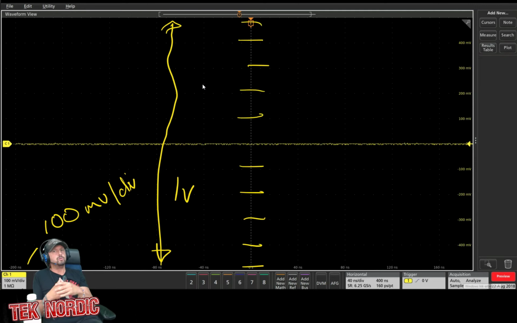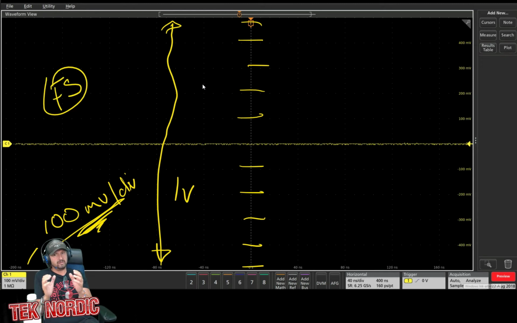We try to use something that we call percentage of full scale, which means if you have a signal on screen which is 1 volt, compared to 1 volt, how much of that is noise? Other vendors try to look at it from a different perspective. I'm not sure if it's right or wrong, but full scale is something that we can look at.